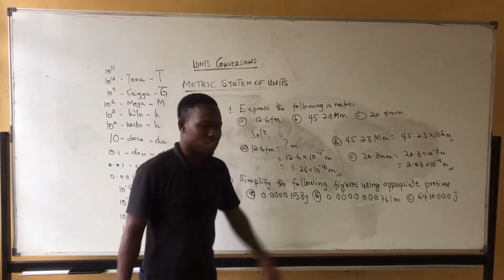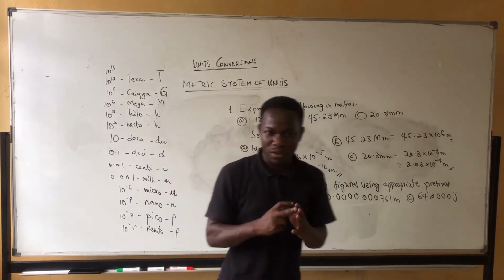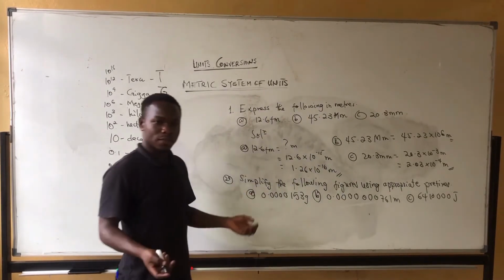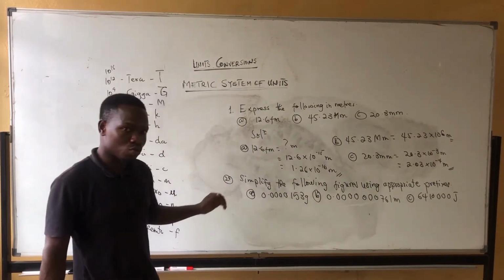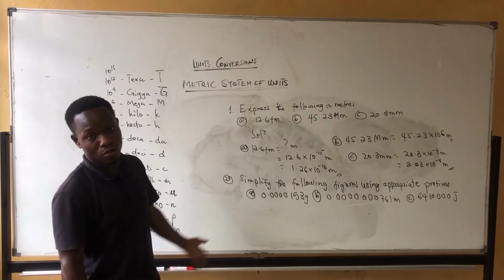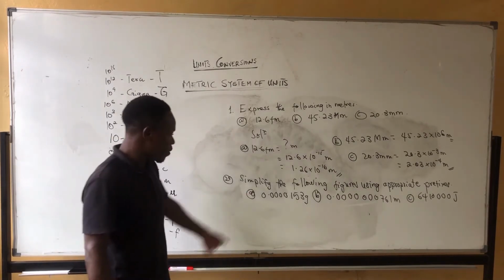The zeros are too many, so we want to simplify them using prefixes. How do we do this? I'm going to use a prefix of your choice, the one that is most appropriate to you. Actually, there's not a single correct answer to this, so you have to choose what is most appropriate to you.